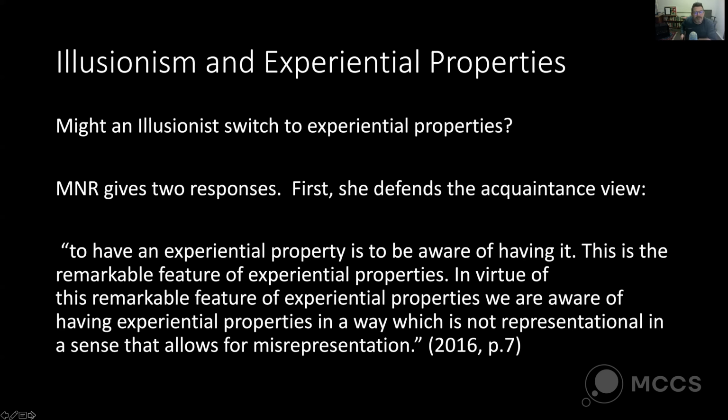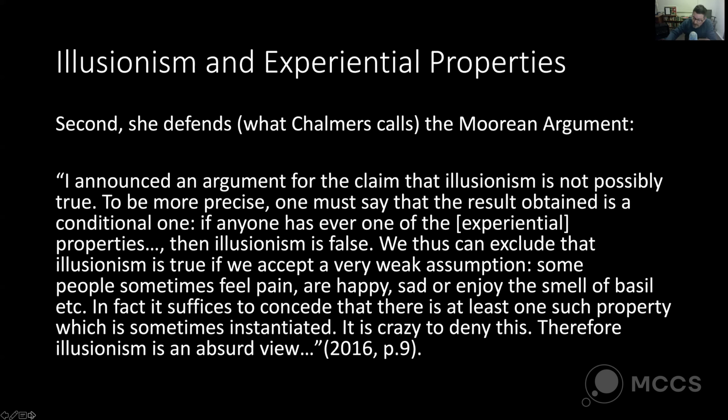I think, in fact, the main objection that she gives at this point, the main response, is to defend what Chalmers, in his own discussion of illusionism, calls the Moorean argument. She doesn't call it a Moorean argument, but it's very much a similar kind of argument. Here's what she says: I announced an argument for the claim that illusionism is not possibly true. To be more precise, one must say that the result obtained is a conditional one.